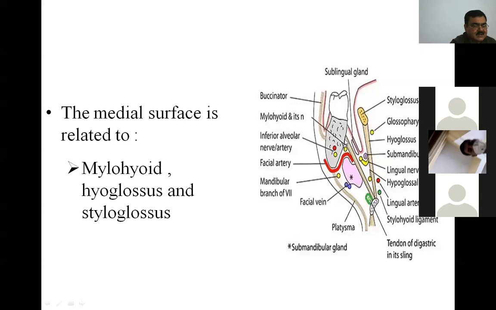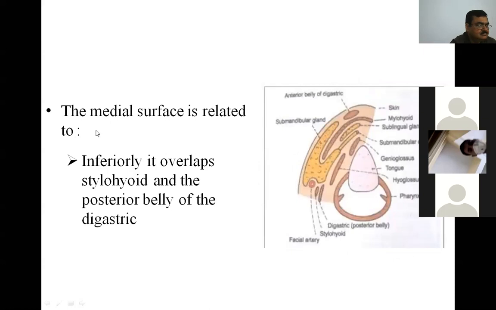So these structures are related to the medial side. The medial surface is related inferiorly. This is the medial surface here. It is covered by stylohyoid and the posterior belly of the digastric. Here is the posterior belly of the digastric, and this is the stylohyoid.